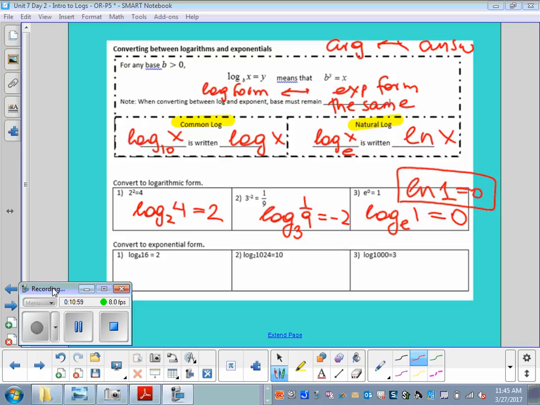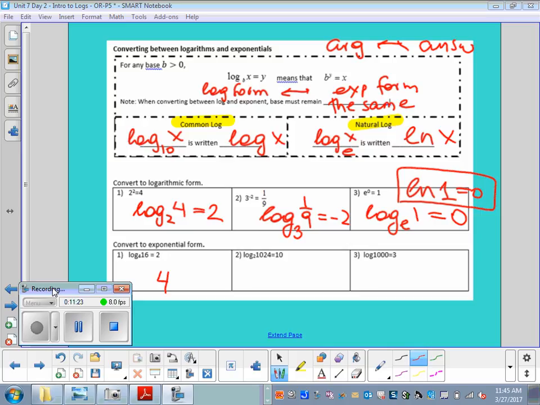In number 1, log base 4 of 16 equals 2, what is my base? 4 is my base.